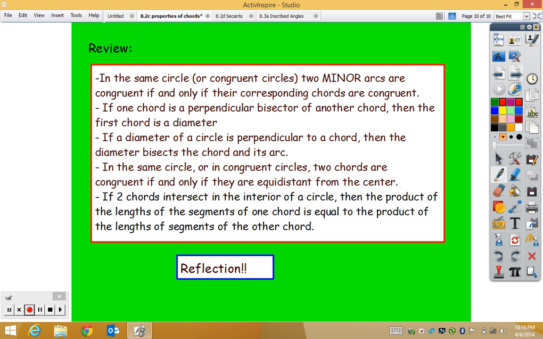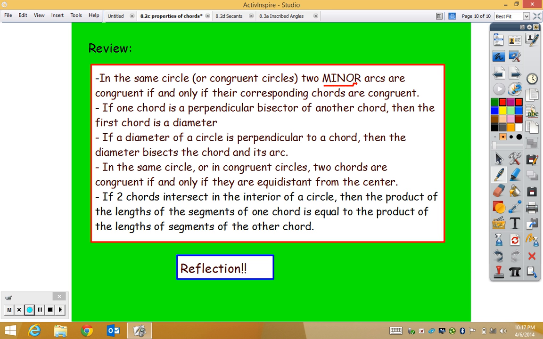Now to review, we have all our theorems. In the same circle or congruent circles, two minor arcs, again minor, less than 180 degrees, are congruent if and only if their corresponding chords are congruent. If a chord is a perpendicular bisector of another, then that chord is a diameter. If the diameter of a circle is perpendicular to a chord, it bisects the chord and the arc.